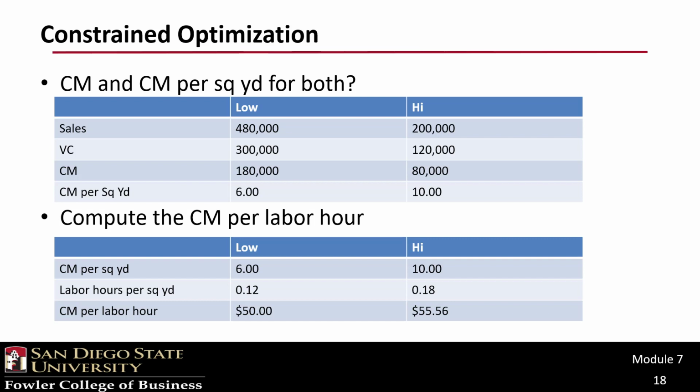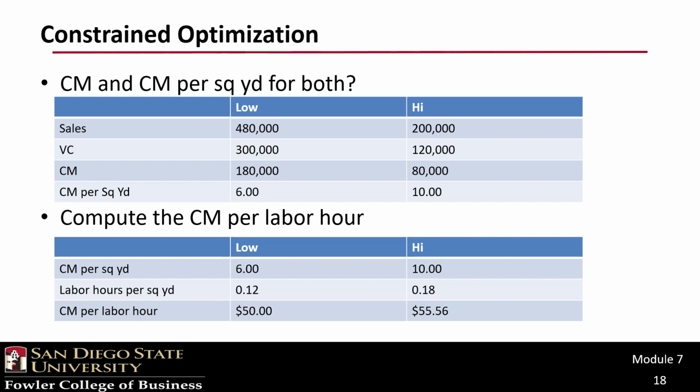That's contribution margin of 80,000, or $10 of contribution margin per square yard. And now we can compute the contribution margin per labor hour, recalling that that's what's fixing our constraint. That's what we're maximizing, given we can only do 4,600 hours in total.